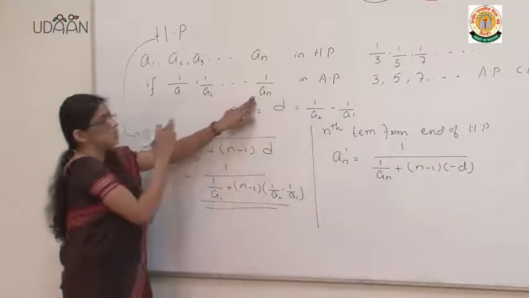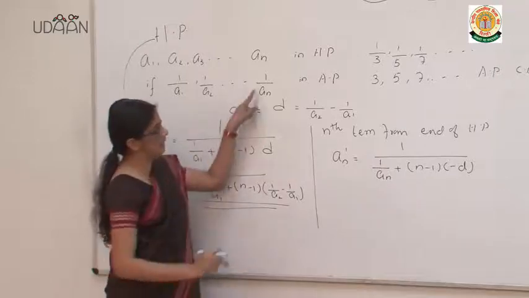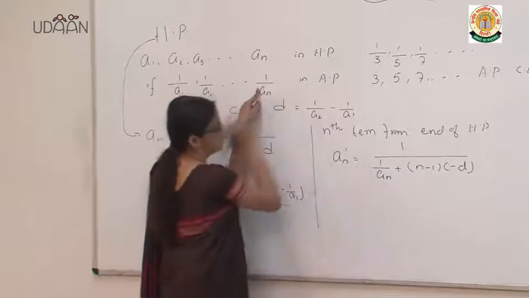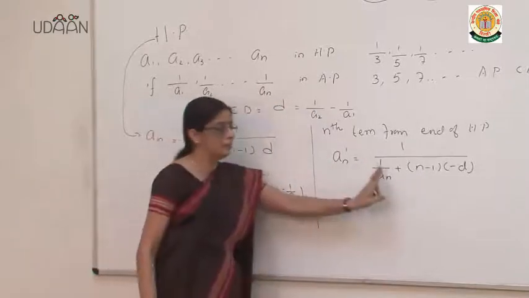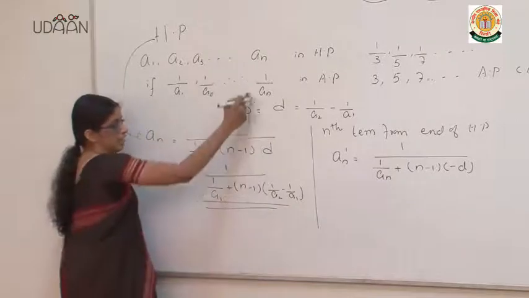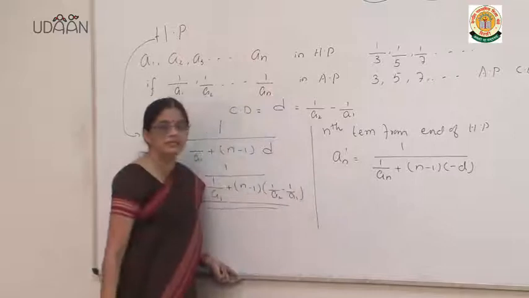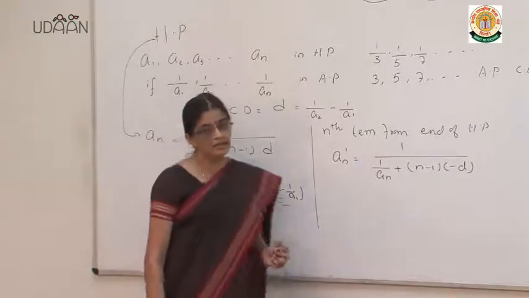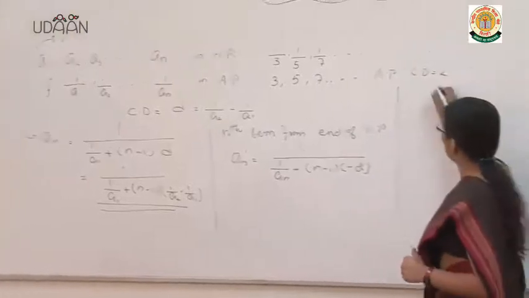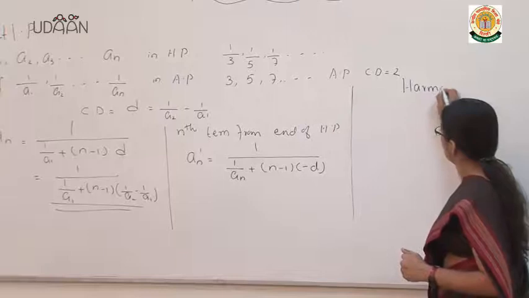If you have to find a particular term from the end, we reverse the series. When you reverse the series, the first term we take as 1 by An, and the common difference will be minus D. So the nth term from end of the harmonic progression is 1 divided by [1 by An plus (n minus 1) into minus D].